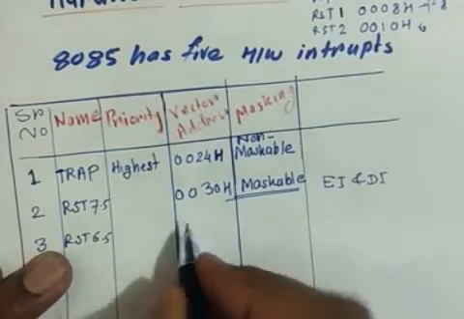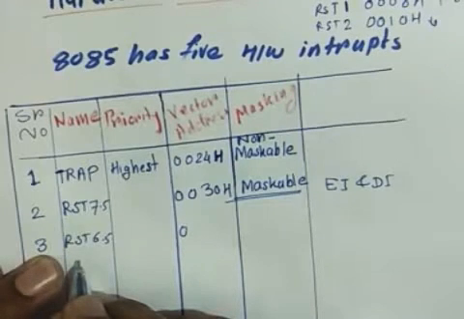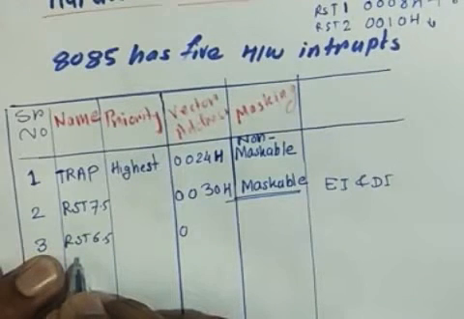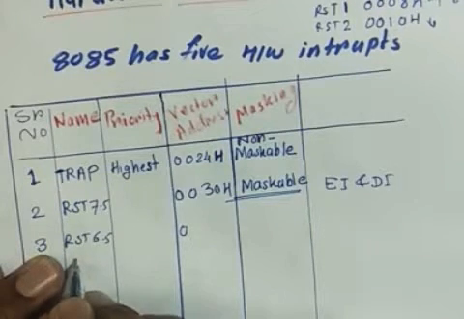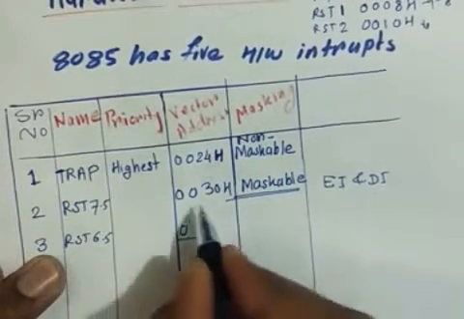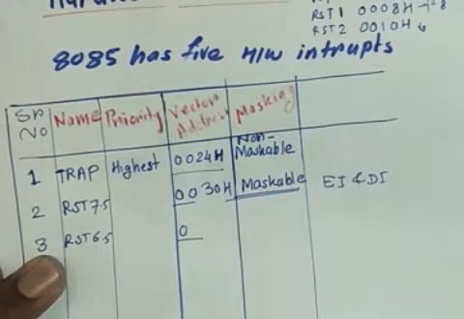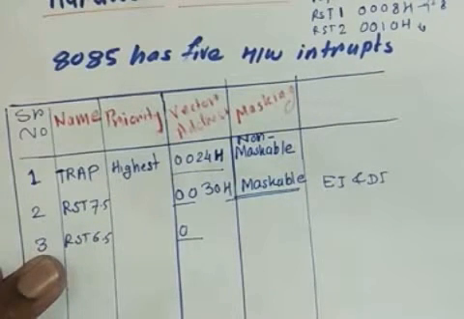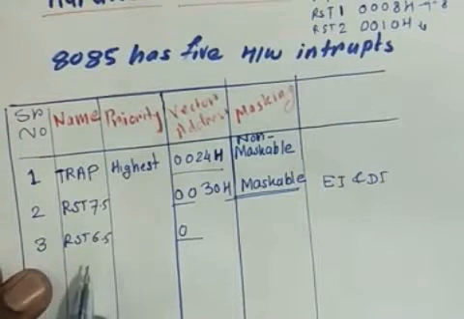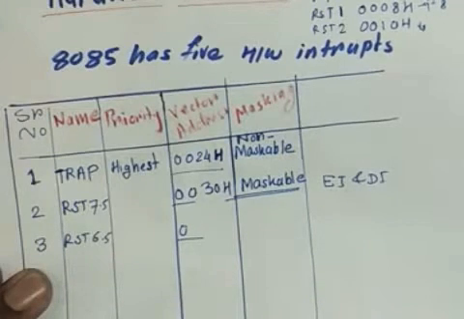This is also a vectored interrupt. In the case of a vectored interrupt, the address of the interrupt service routine is already in the microprocessor, meaning the external device does not have to provide the service routine address to the microprocessor.